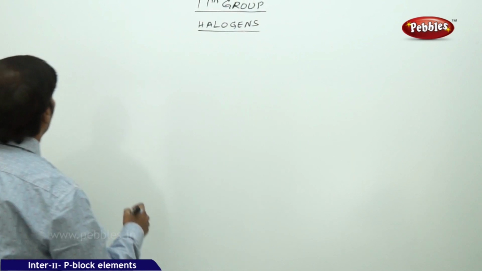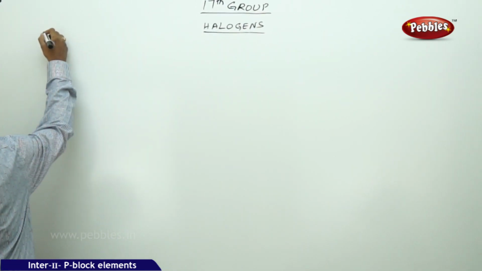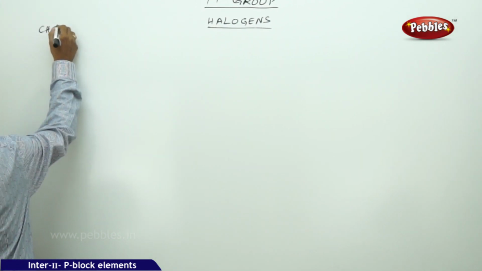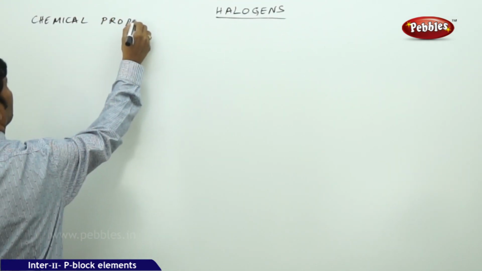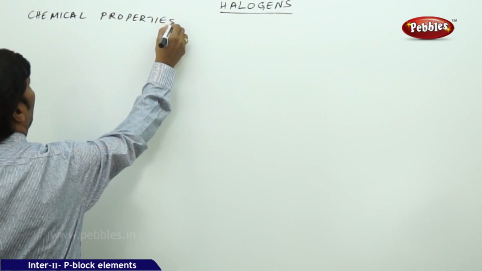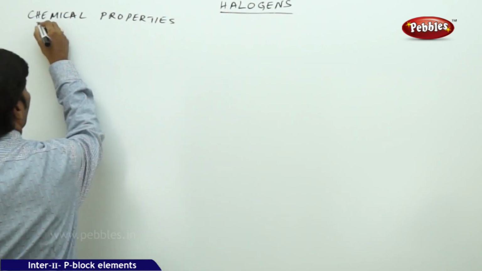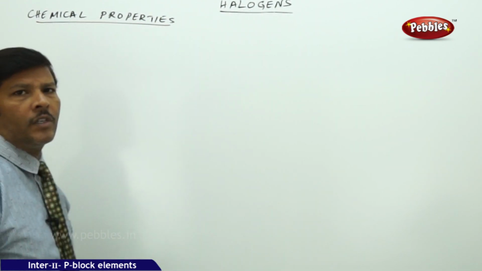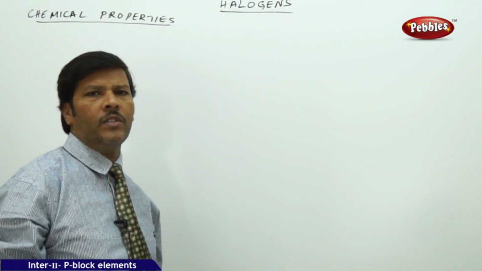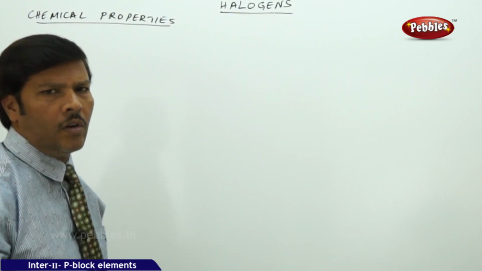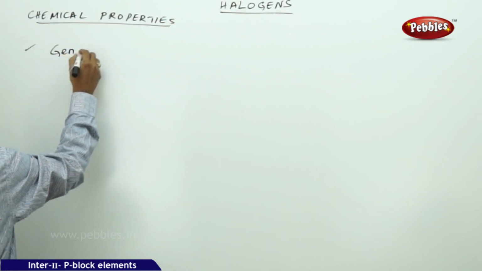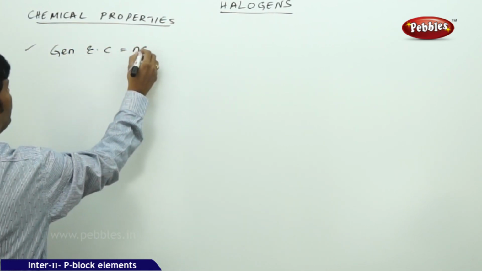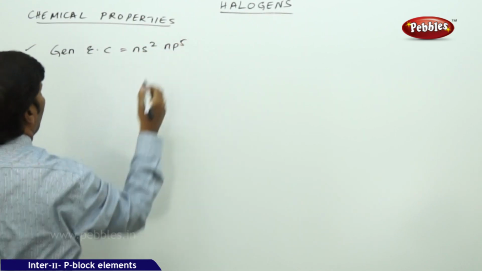So the next part of the discussion is the chemical properties of halogens. Let us discuss something about the oxidation states. We all know that the general electronic configuration of the halogens is ns2 np5.